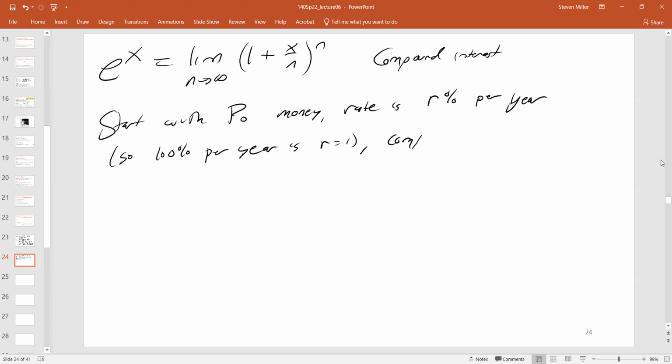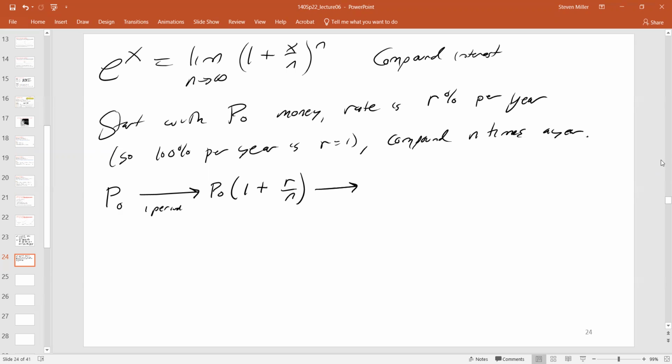Say you compound n times a year. So you start off with P naught. After one period, you have P naught times 1 plus R over n, because you split the interest rate into n equal amounts. This is how much money you would have one period later. It's the amount you started with, P naught, plus the effective interest rate R over n times the amount you have. And what's great about compound interest is the money you make starts to make you money as well.